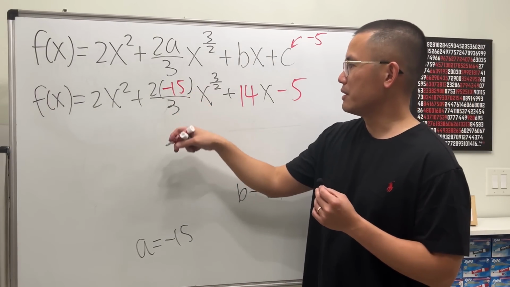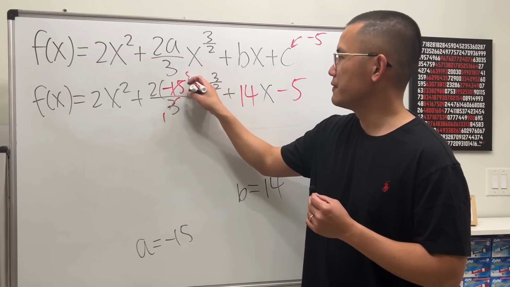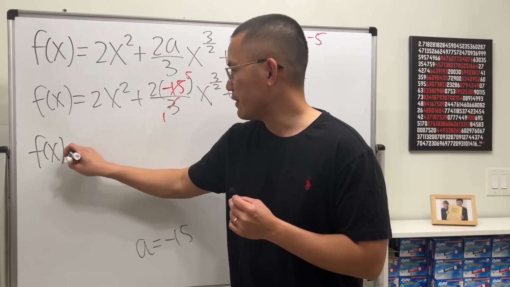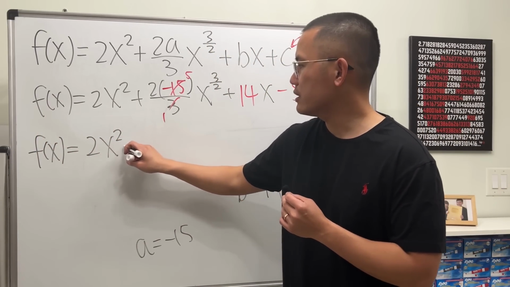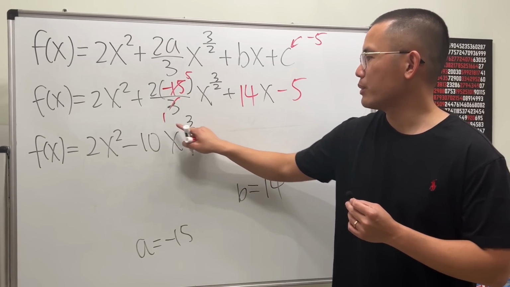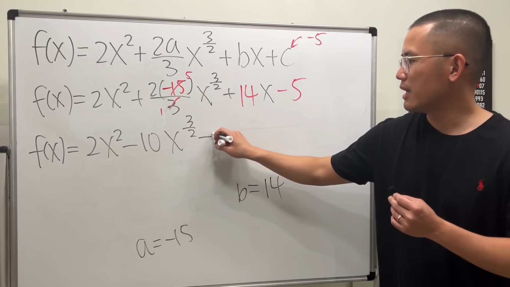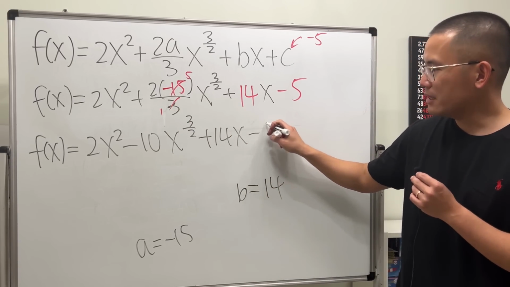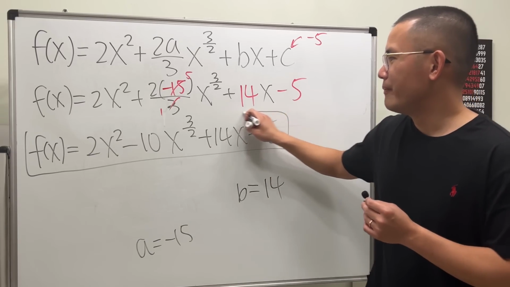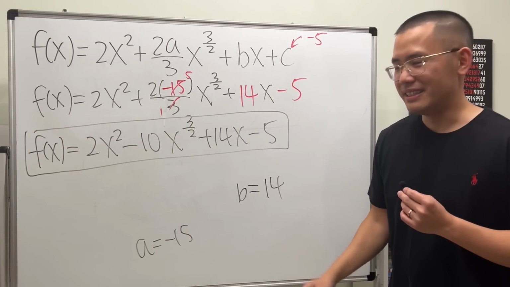And lastly, let's just simplify this. This is 1, this is 5, so that's negative 10. So, ladies and gentlemen, f of x equals 2x squared minus 10, and then x to the 3 halves power, and then plus 14x, and then minus 5. That'll do it. And this is the correct answer.